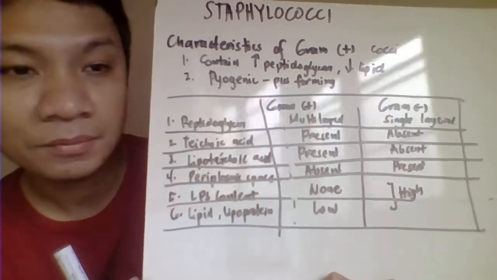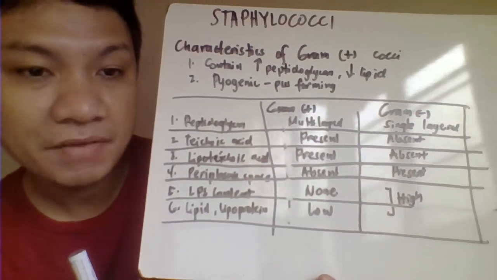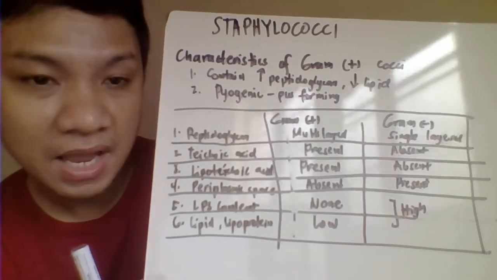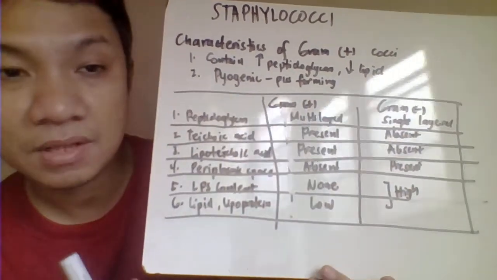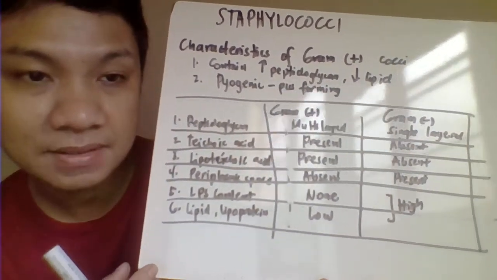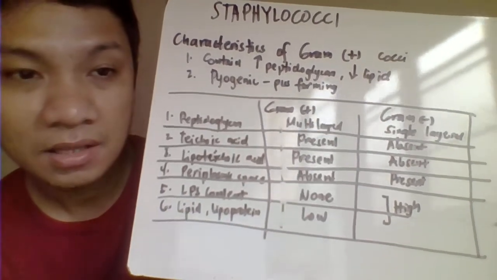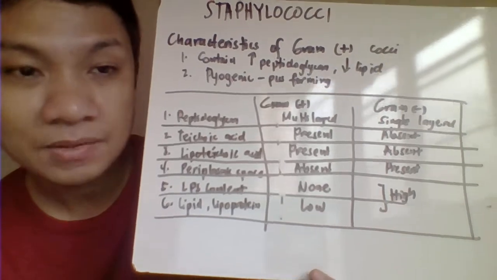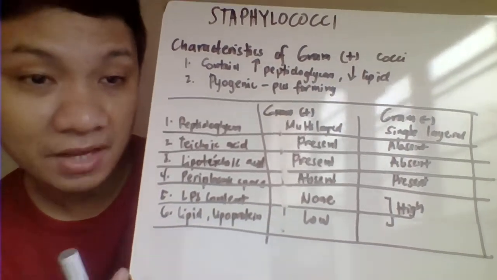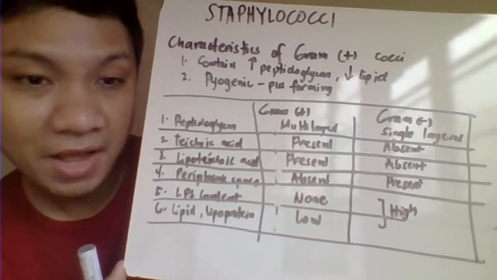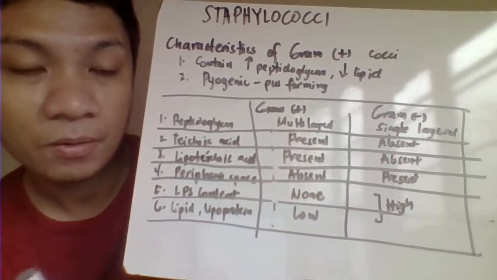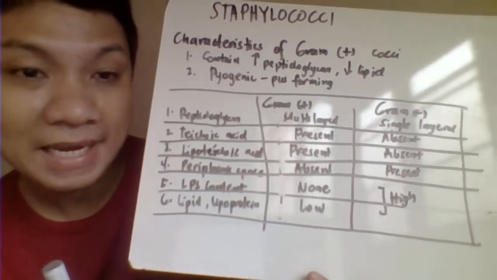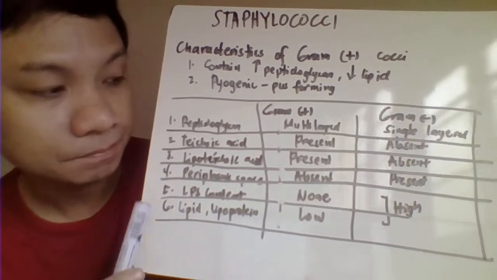Another one, for your gram-positive, especially your Staphylococci, they are pyogenic. When we speak about pyogenic, they cause infections which are pus forming, producing WBC, or simply the wound, more of the skin infection. They cause skin infection, and most of that would eventually be pus forming or pus producing.